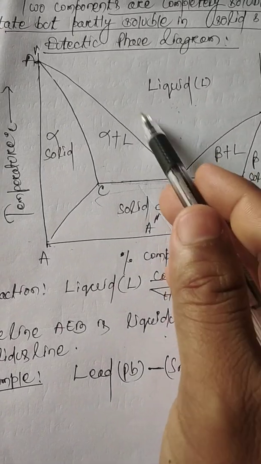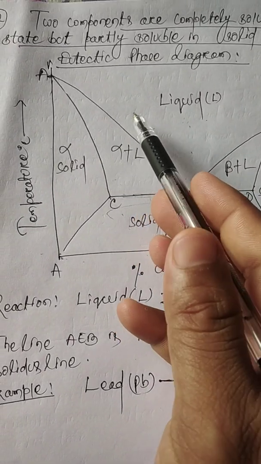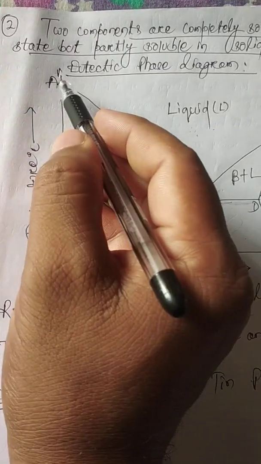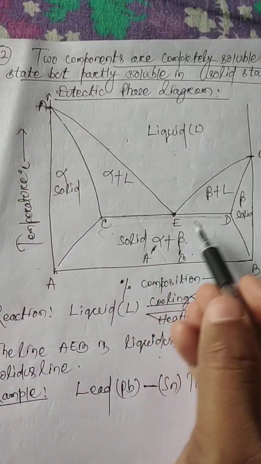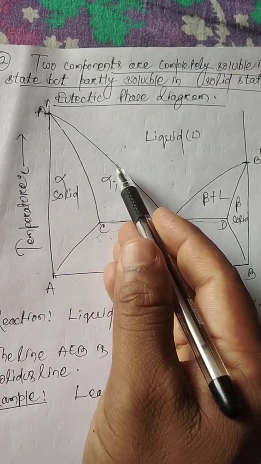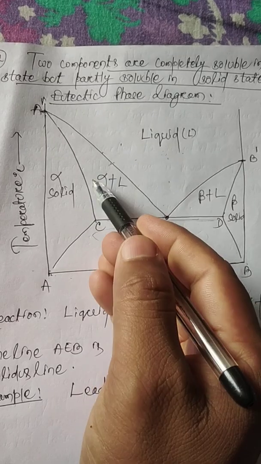During the cooling process, what will happen now? This is the liquidus line. What is the liquidus line? A dash E B dash is the liquidus line. From the liquidus line, or just below it, solidification starts.